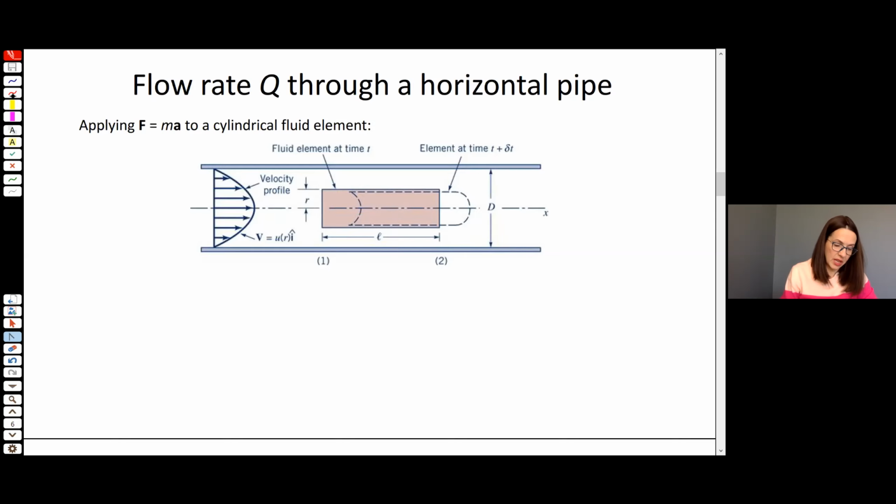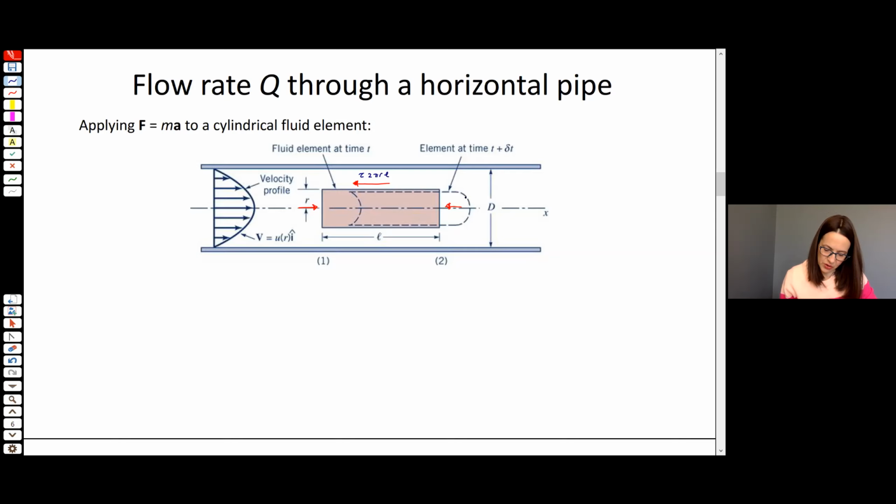But for now, let's imagine what the forces are acting on that fluid element. So we've got our viscous force that always acts opposite the direction of motion, and we've got our two pressure forces if we ignore gravitational effects for now. So here we've got tau, our shear stress, times 2 pi R L. That's that cylindrical area.